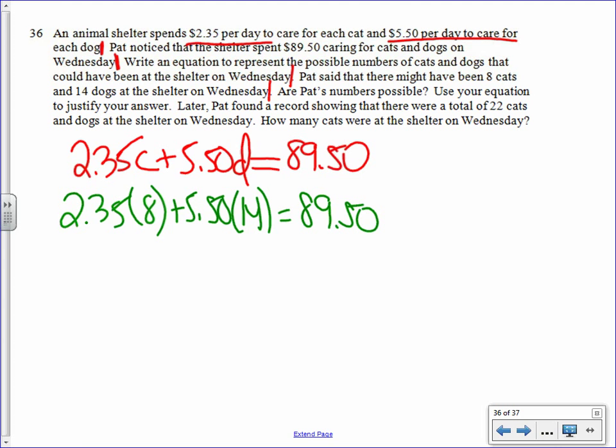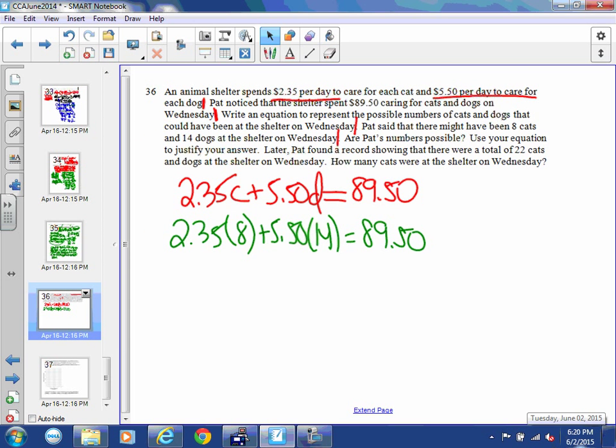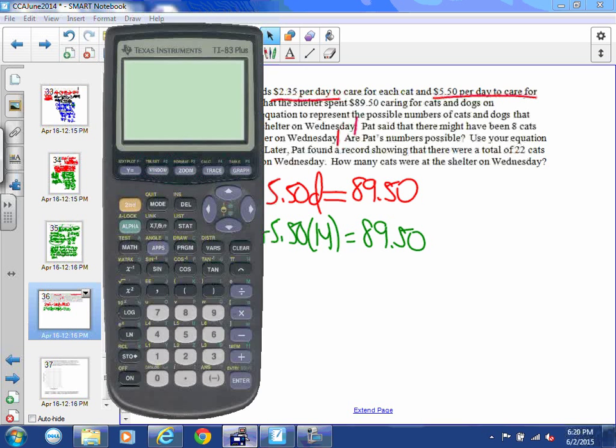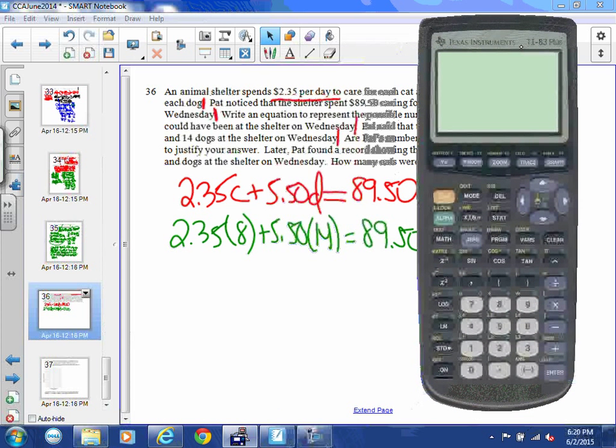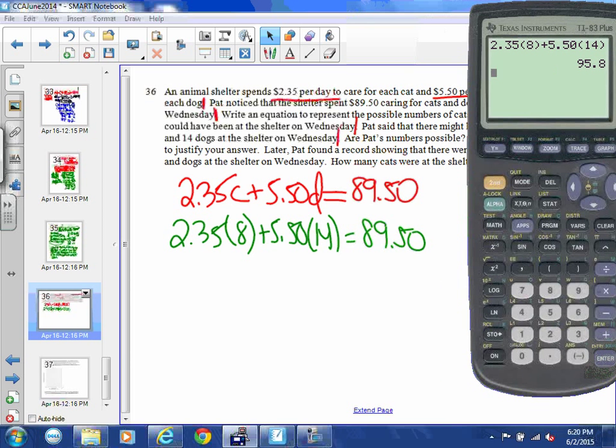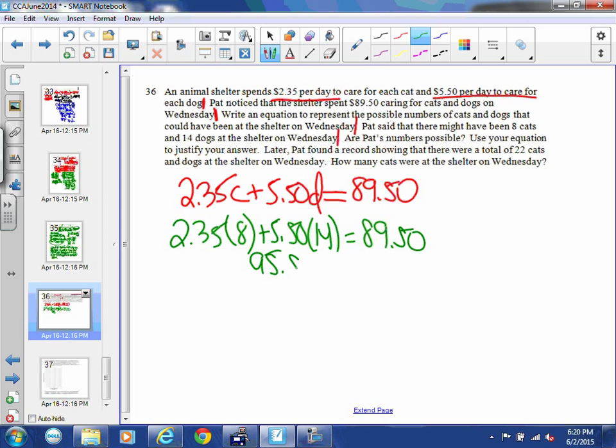You can put that whole piece into the calculator, which is what I would do. $2.35 times 8 plus 5.50 times 14. Does that equal 89.50? No, that's 95.80. 95.80 does not equal 89.50.